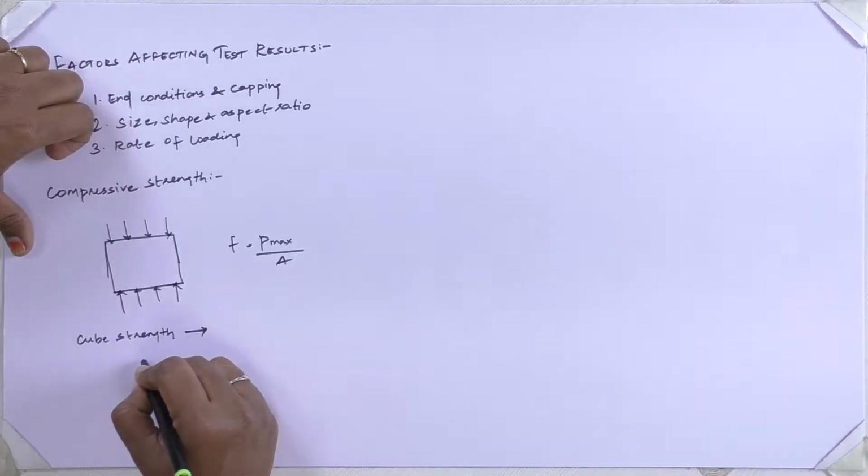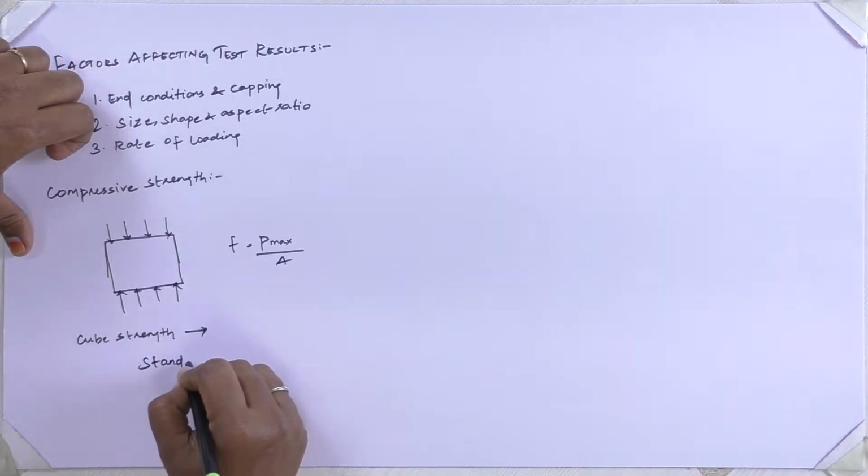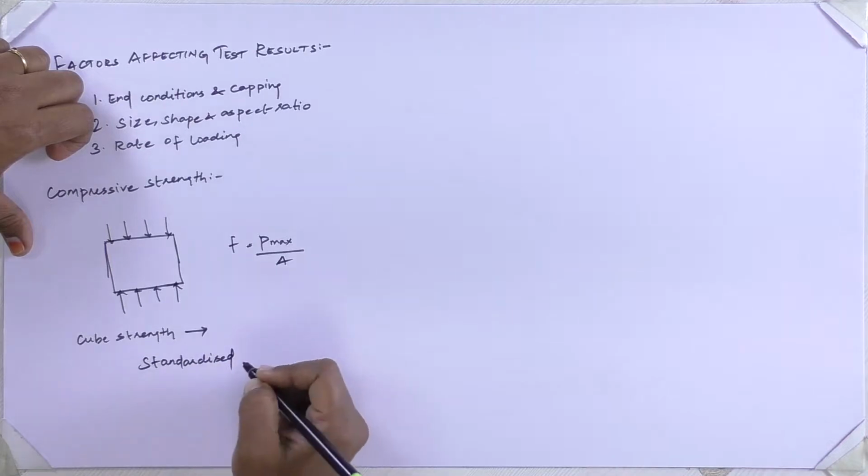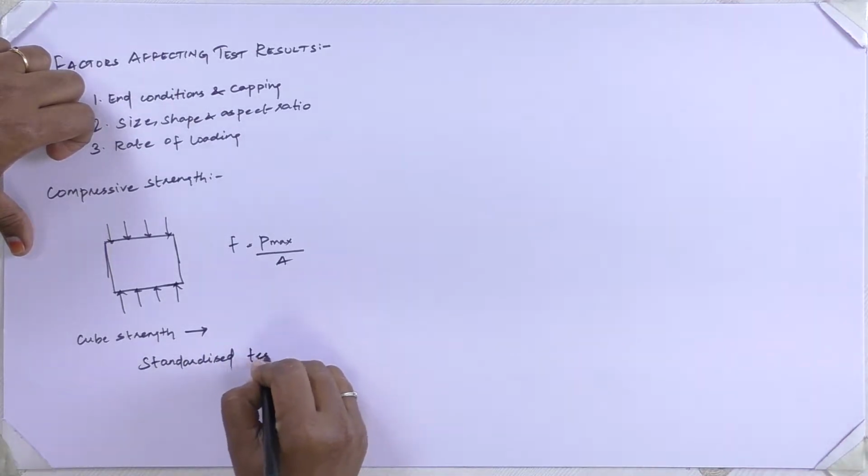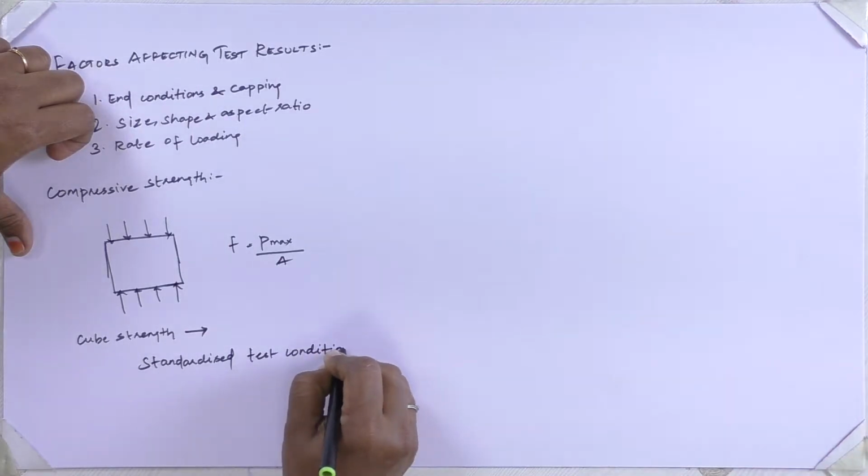So standardized test conditions should be there to compare the cubes. Mainly we use only cubes, so I must have a standard test condition to test the various cubes, so that I can find out how the strength is influenced by the test conditions.